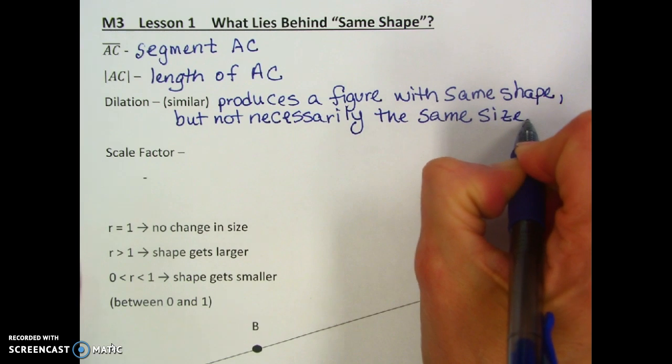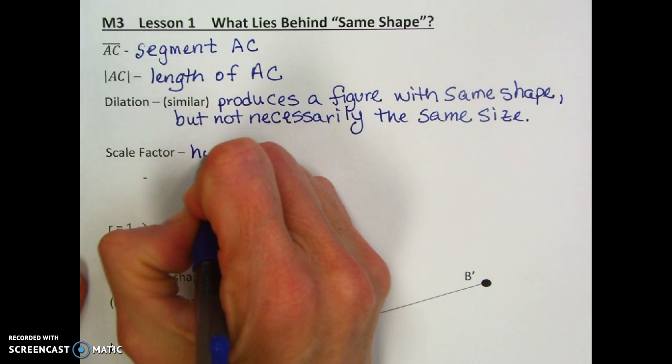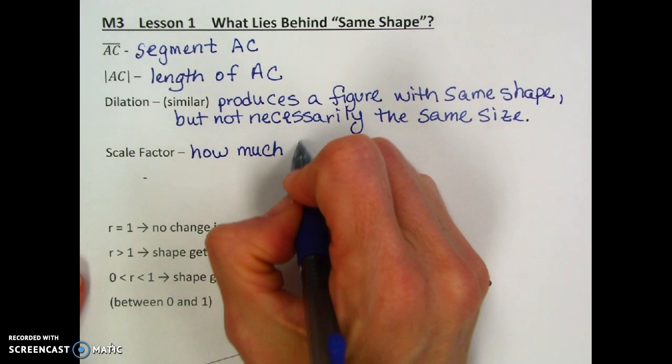So it's like going to a copier and enlarging something or reducing something in size. The scale factor is how much the shape changes in size.